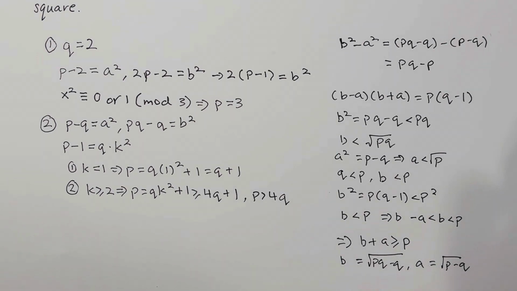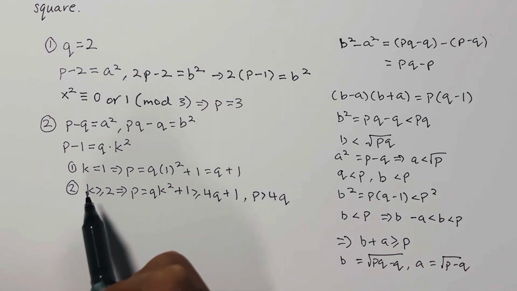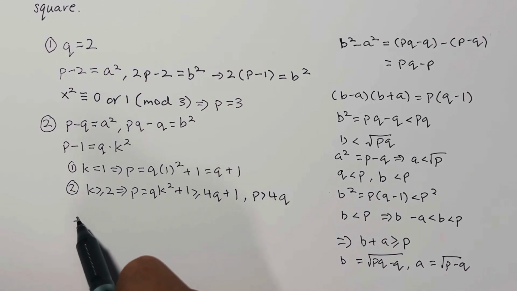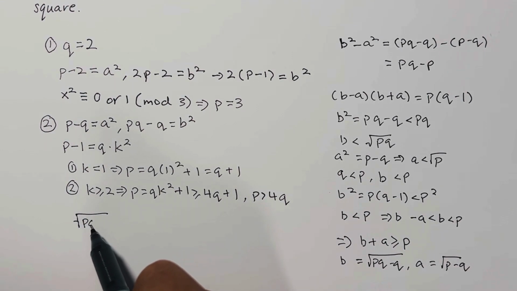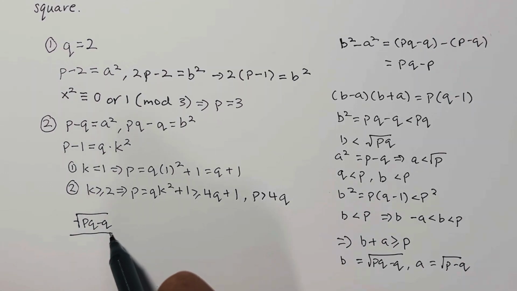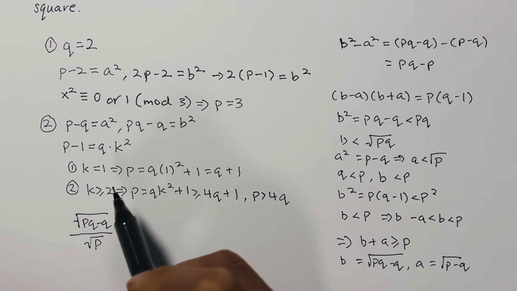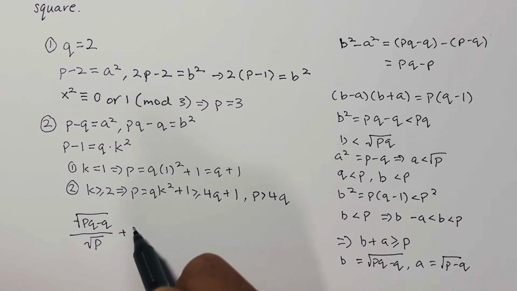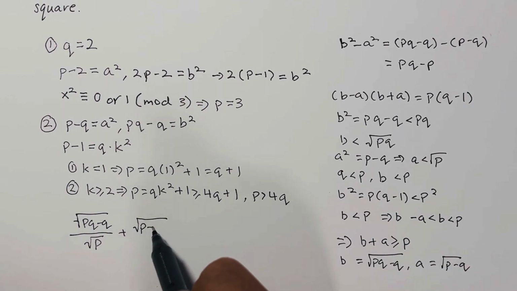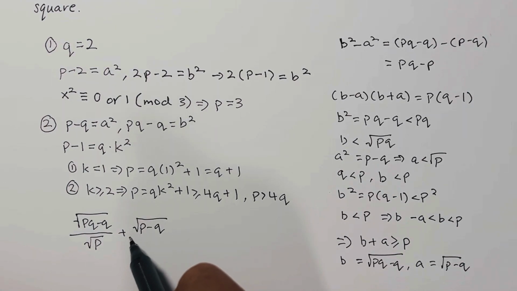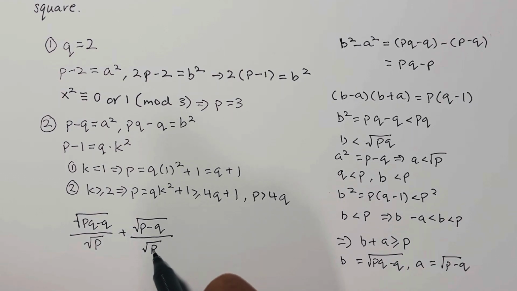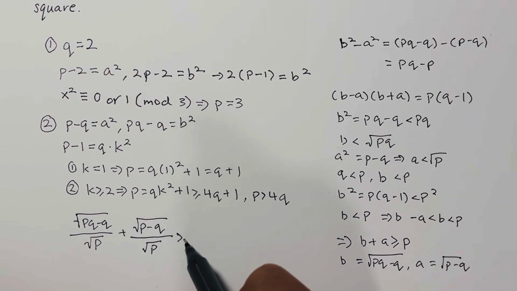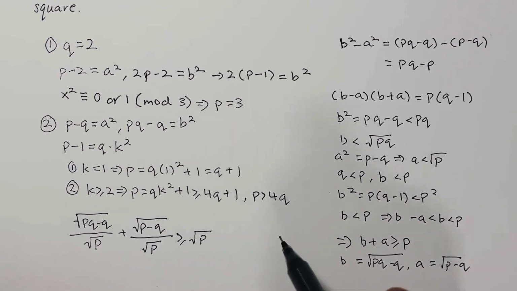So then we can combine this: square root of pq minus q divided by square root of p, plus square root of p minus q divided by square root of p, is greater than or equal to square root of p.